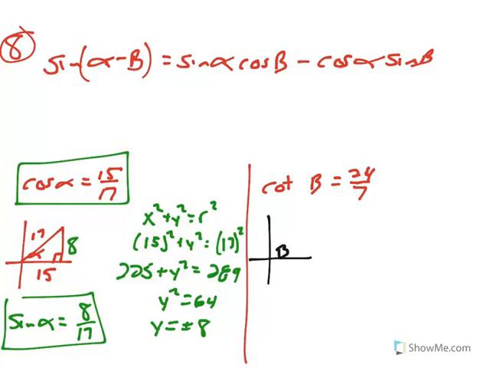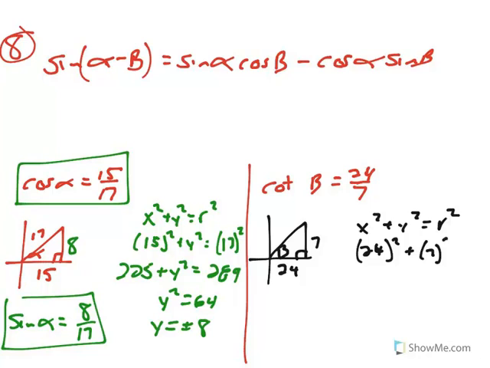Once again, the directions said your angles, alpha and beta, are in quadrant 1. Cotangent is x over y. X is 24, y is 7. We're going to use the Pythagorean Theorem to figure out what r is. X squared plus y squared equals r squared. X is 24.